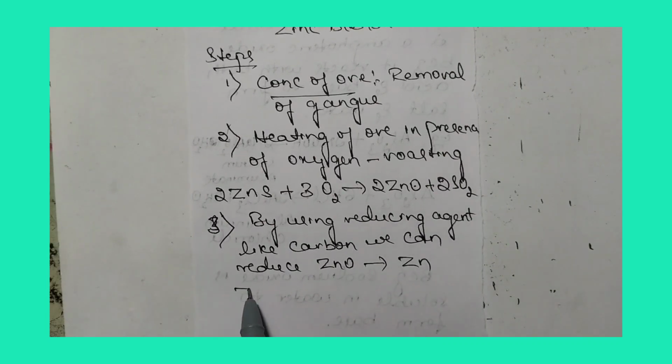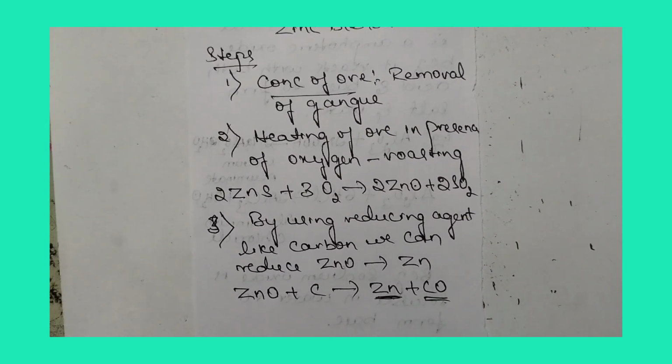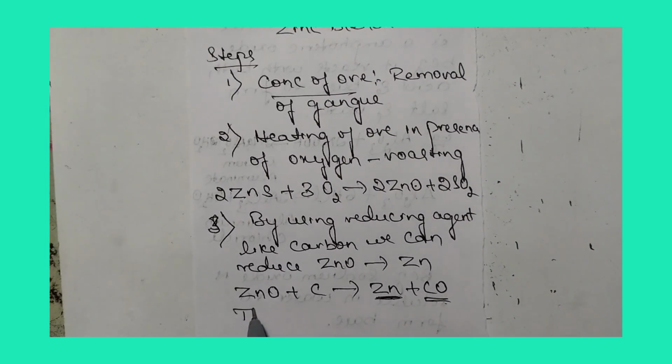Now let us write the equation: ZnO plus C gives rise to Zn plus CO. Carbon monoxide is released and we got zinc here, and this zinc is not 100% pure.